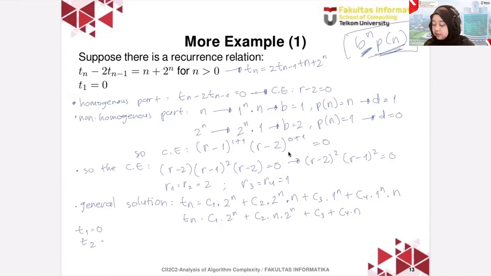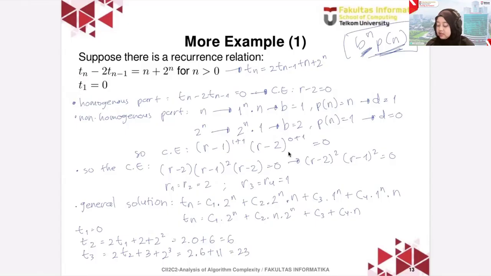So T2 will be equal to 2 T1 plus 2 squared, which is 2 times 0 plus 6, equal to 6. And T3 will be equal to 2 T2 plus n, which is 3, plus 2 to the n, which is 2 to the 3. So we have 2 times 6 plus 3 plus 8, which is 23.